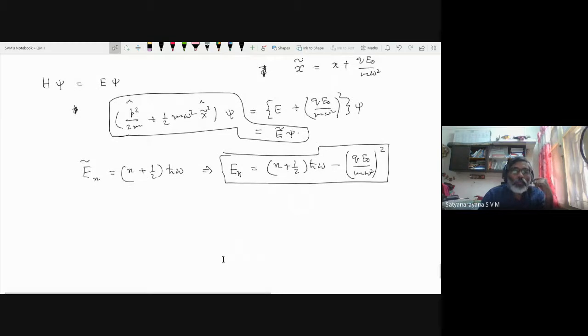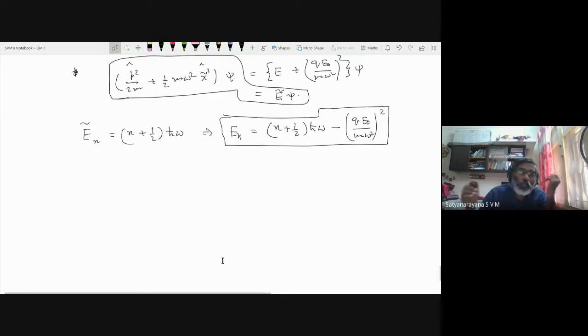So what is happening here is that this energy is changing. So V as a function of x tilde is simply half m omega square x tilde the square, right? But if you write this in terms of x, half m omega square into x plus qE0 by m omega square, the square.